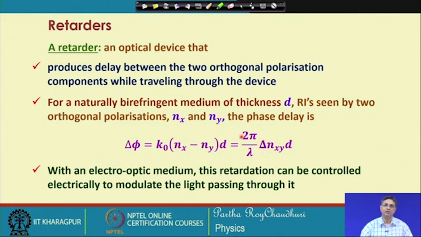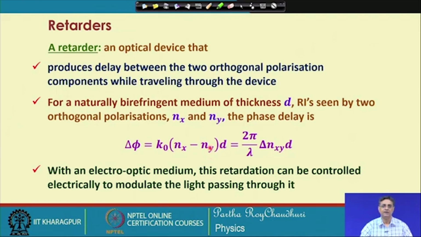Then we can calculate the delay between the two polarized waves, and we will place the polarizer in such a way that both the polarizations corresponding to the refractive indices n_x and n_y will be excited.